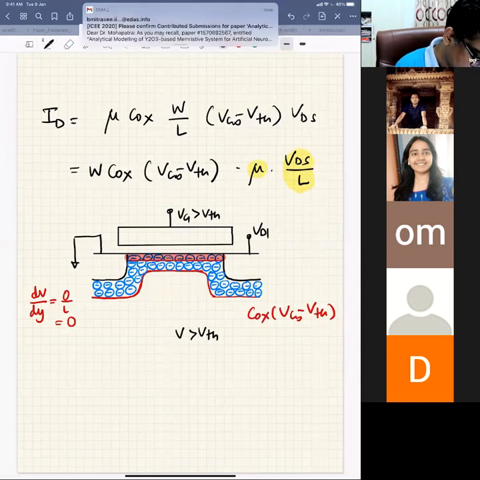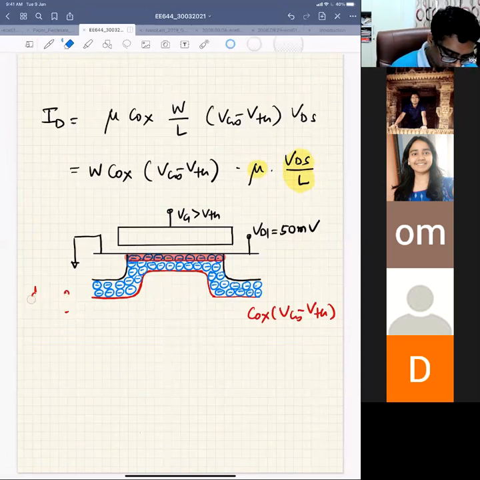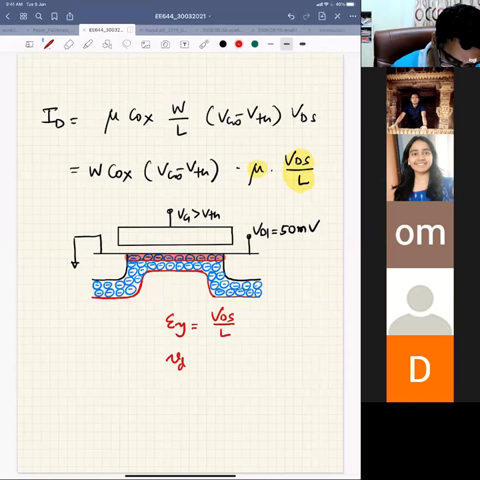That's a very small voltage I'm applying here. If I'm applying a very small voltage, your channel is uniform, and the voltage across the channel is VDS. What is the electric field? The electric field EY is VDS by L, and your drift velocity will be mu times VDS by L. So this part is nothing but your drift velocity.